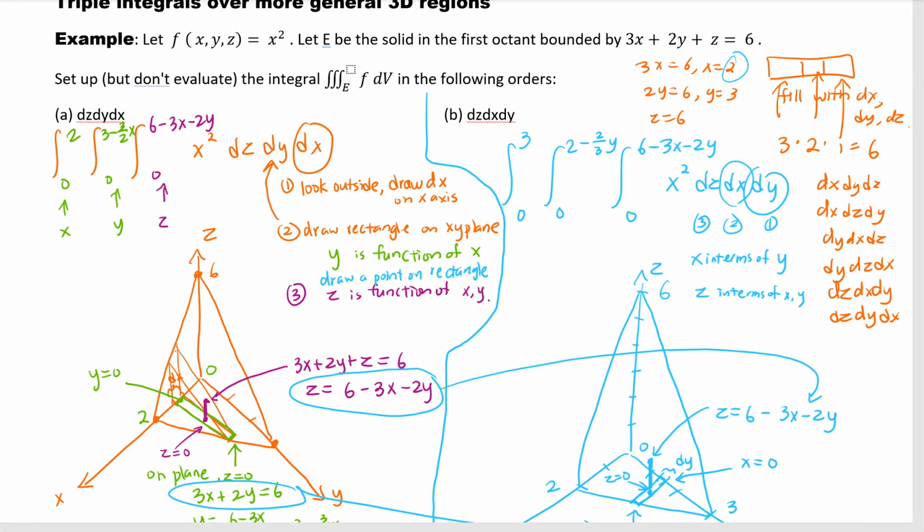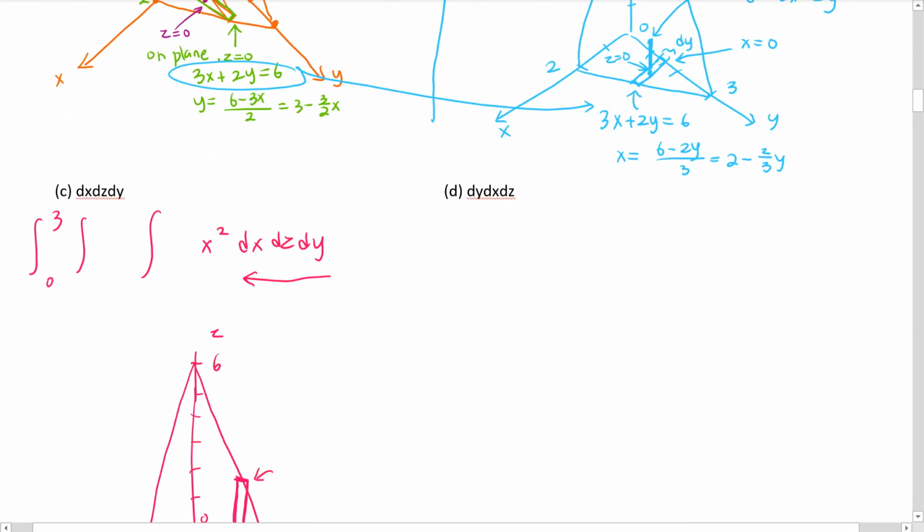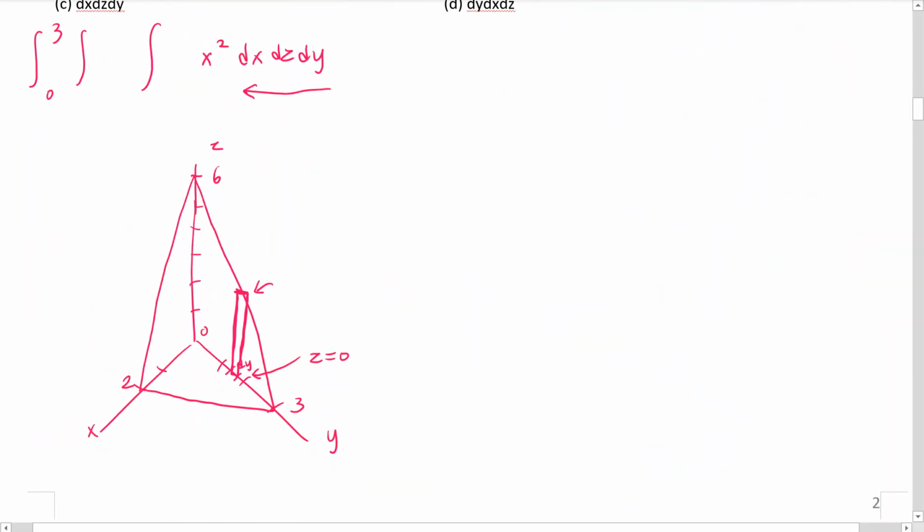Okay, if x is 0, we have 2y plus z equals 6, and we want to express z in terms of y, so z equals 6 minus 2y. Okay, so z goes from 0 to 6 minus 2y. So far, so good, everybody.